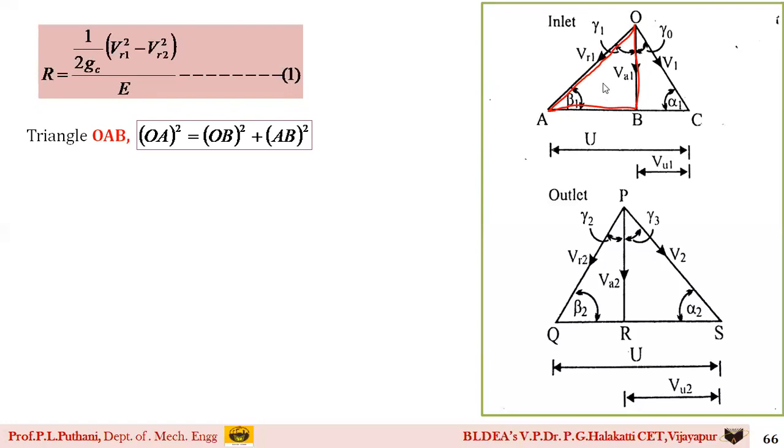What is the value of OA square? It is nothing but VR1 square. OB square is VA square. AB, how to get the value of AB?